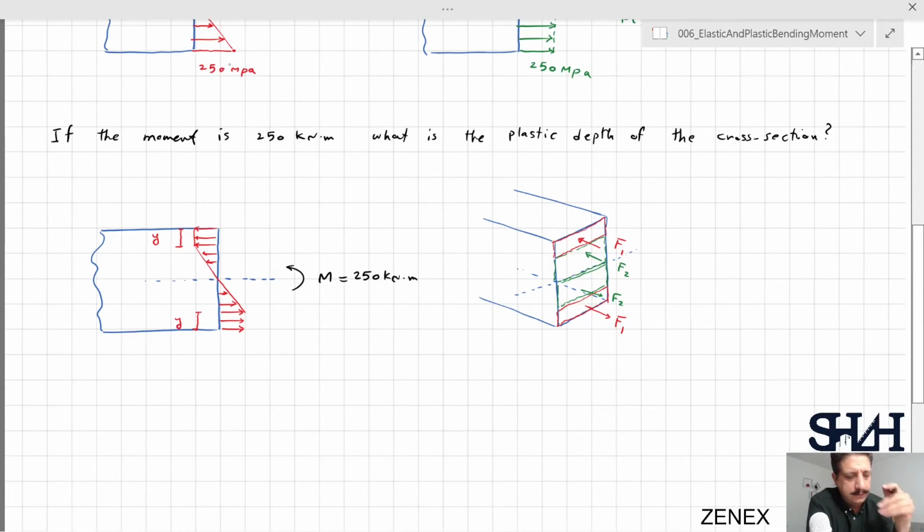Now if we look at this from the side, again coming back to the side view, F1 is working up to the height of y, and it's a constant, rectangular distribution.